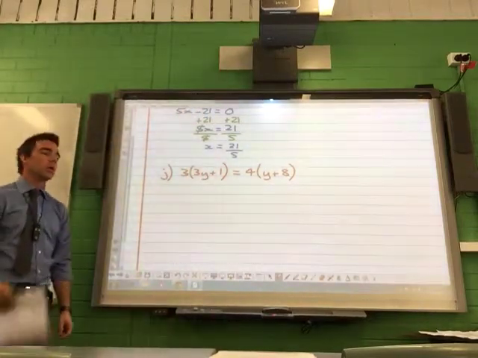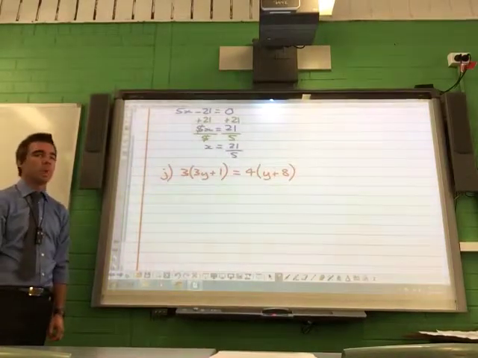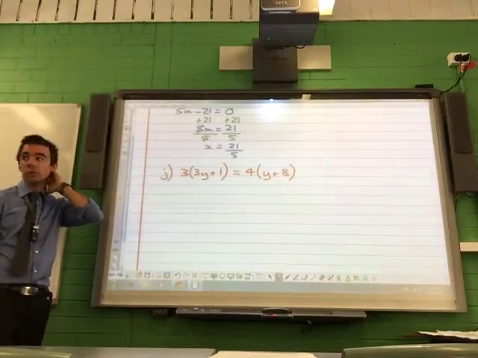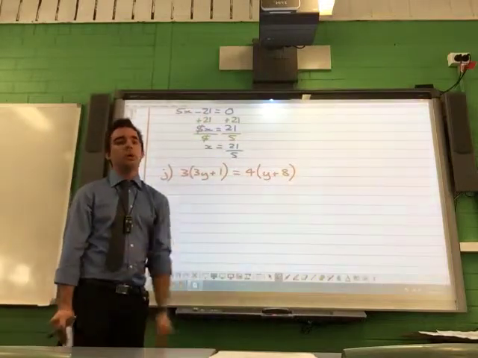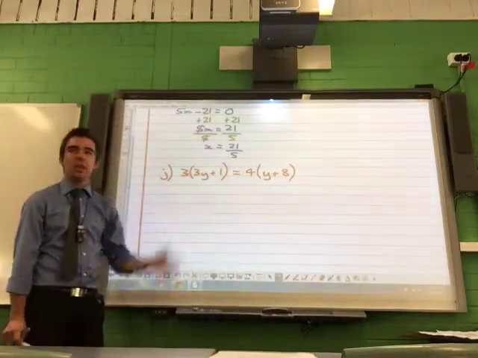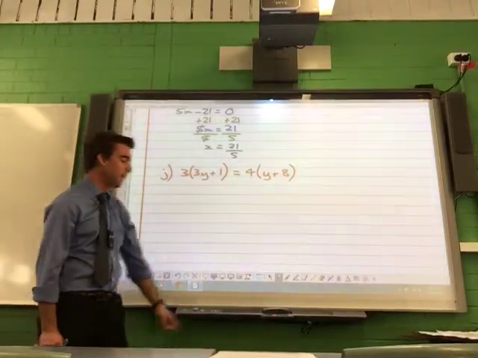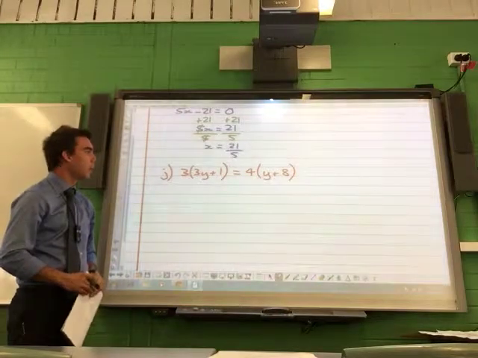One equal sign per line of working, and working down the page. Okay, I don't want to see people working across the page. If you need to, you put a column in the middle of your work, and then you can work down your columns on both sides. Okay, but you should be structuring it similar to what I've got on the board here.